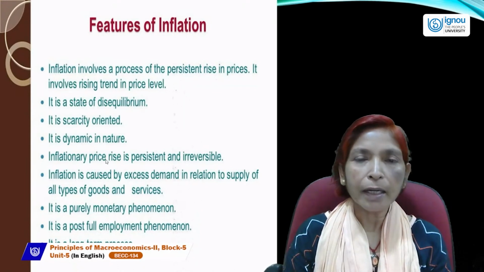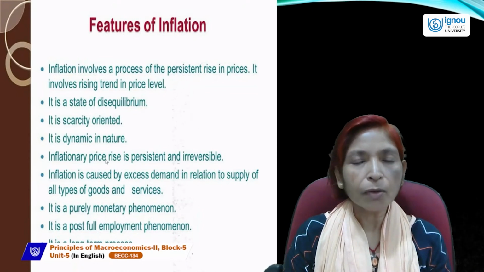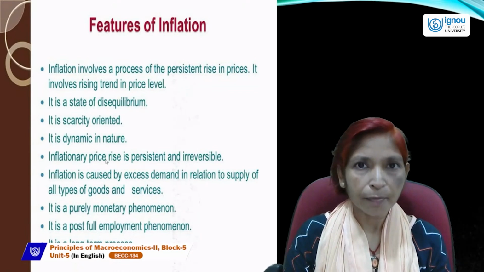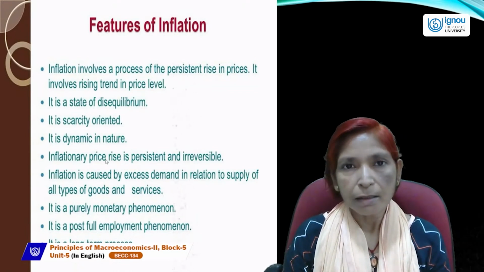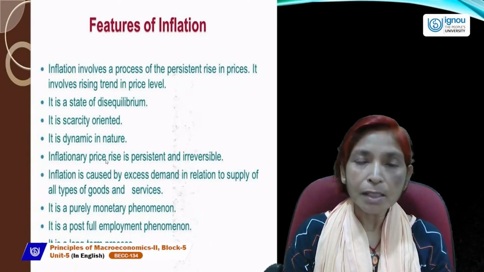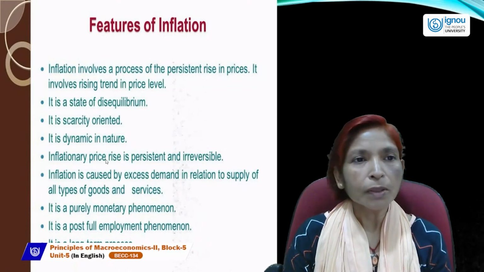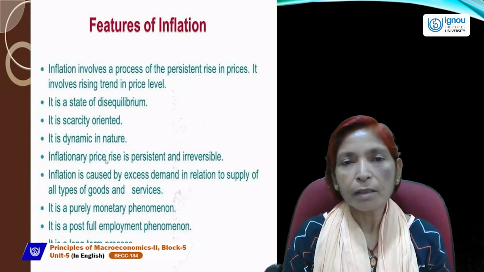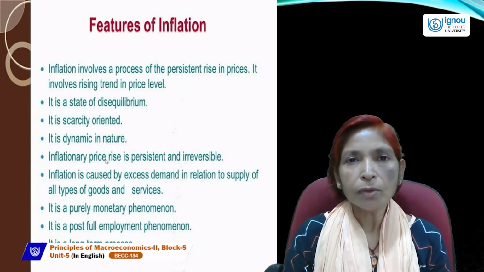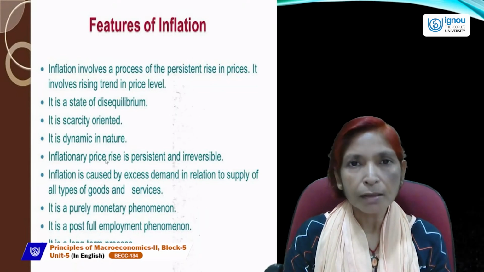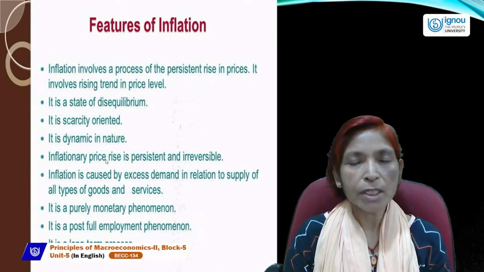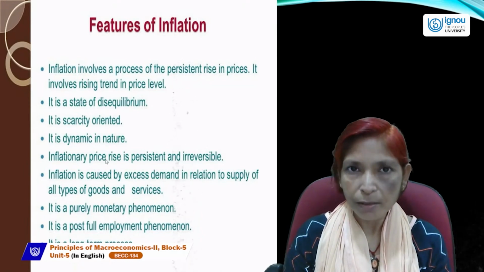It means in India price is increasing due to so many factors and reasons. Price increases due to increase in money supply. Price can also increase due to shortage of agriculture production. Price can also increase due to lack of industrial production. Price can also increase due to change in government policies.